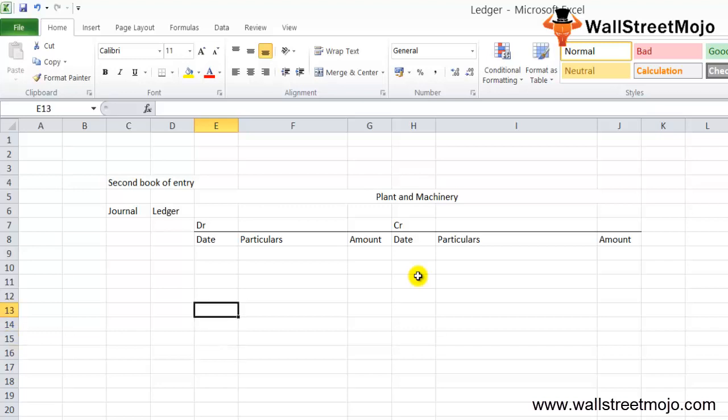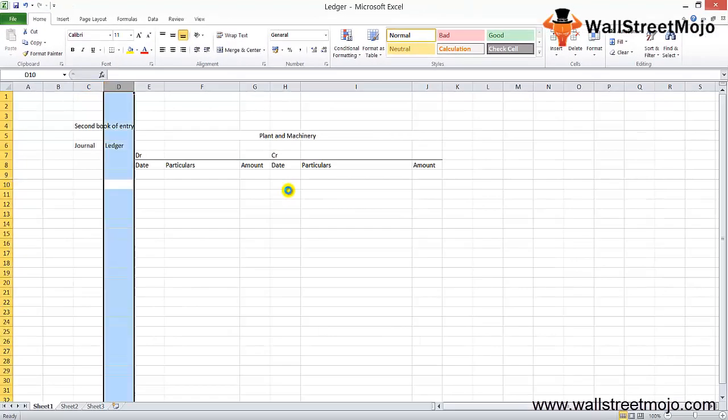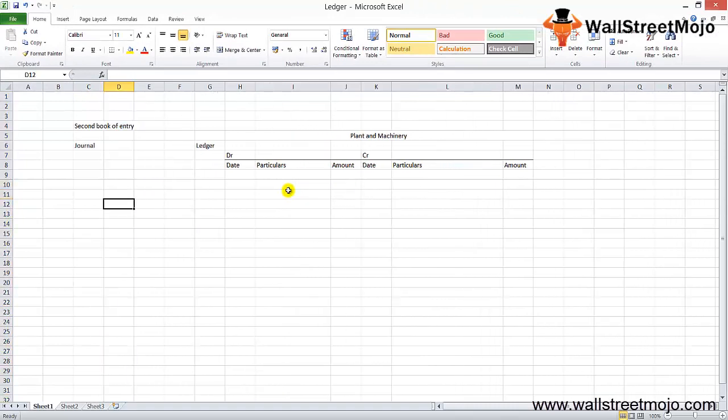Let's say there's a guy called M who buys goods in cash. What would the ledger entry in accounting be? Because the goods are purchased in cash, I'm doing a rough journal entry: goods come in and the cash is going out.